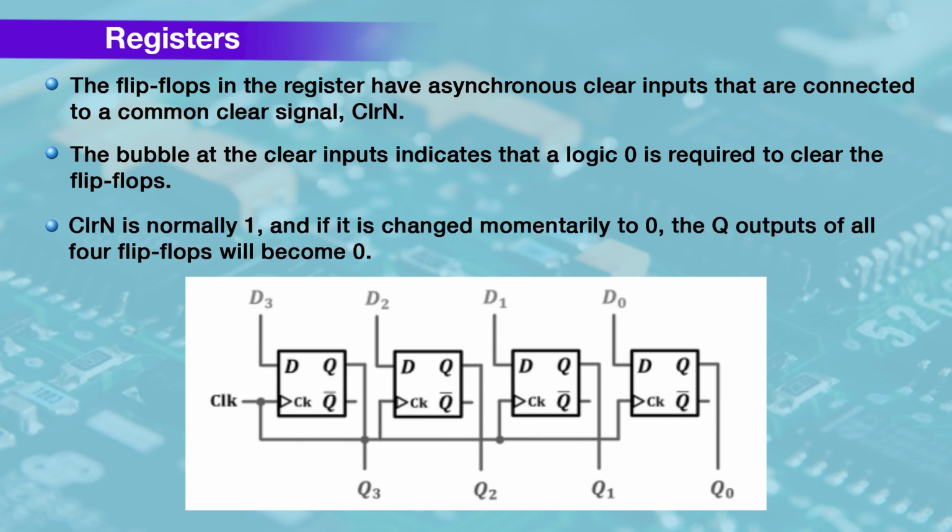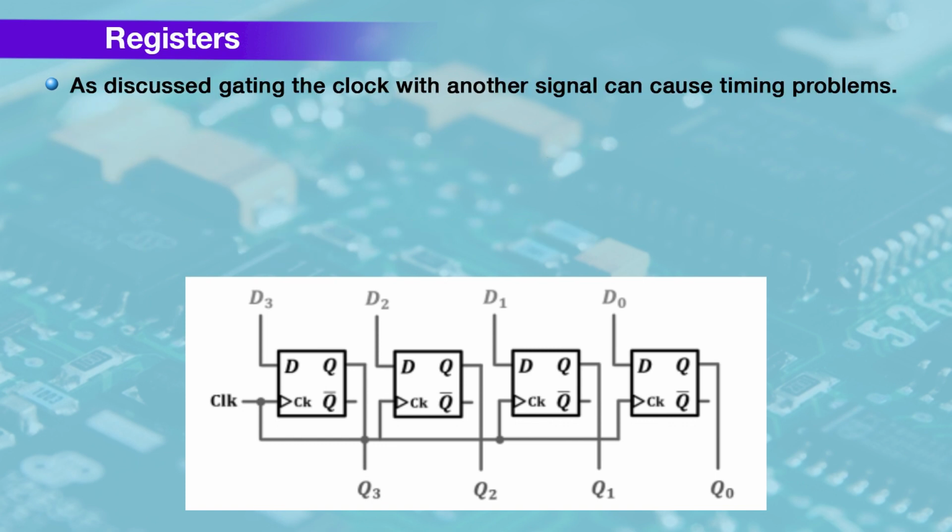Clear N is normally 1 and if it is changed momentarily to 0, the Q outputs of all 4 flip-flops will become 0. As discussed, gating the clock with another signal can cause timing problems.